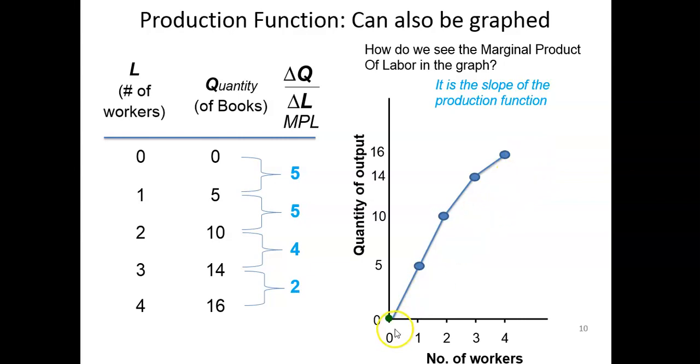Right? So it's the slope of the production function, which is an important thing to recognize. Marginal anything is always a rate of change of the total thing. So marginal product of labor is the rate of change of output as we add workers, which is what a slope is.